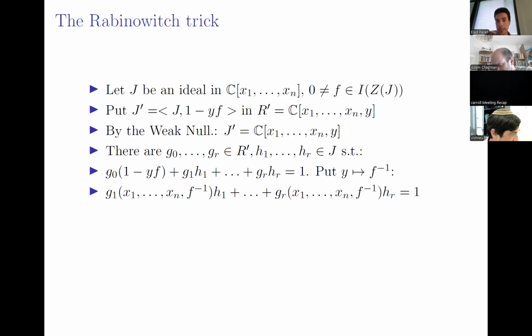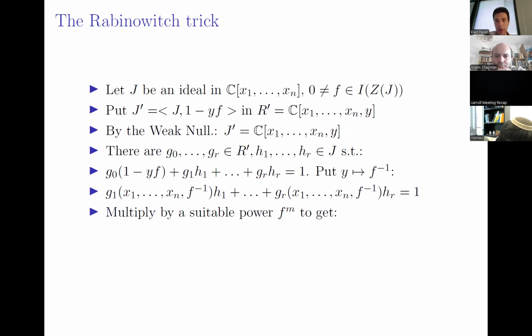This gives you this equation, where on the left-hand side, you only have some powers of f in the denominators, and then we can simply multiply by a large enough power of f to get the following equation, where the h_i are elements of J, and the g_i bars are just some coefficients, which are now polynomials.